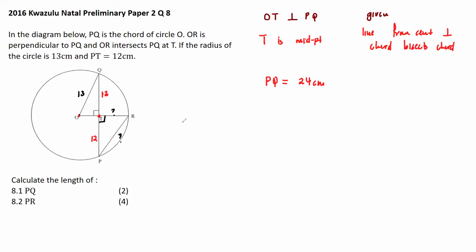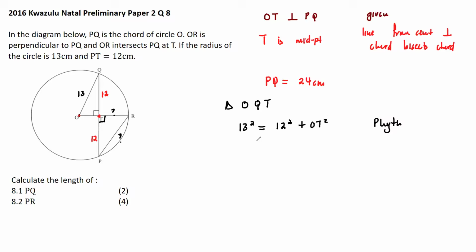I think I can. So if I consider triangle OQT, then 13 squared, which is OQ squared, is equal to 12 squared plus OT squared. Whose theorem am I using? Pythagoras. So I can use Pythagoras theorem to find OT.